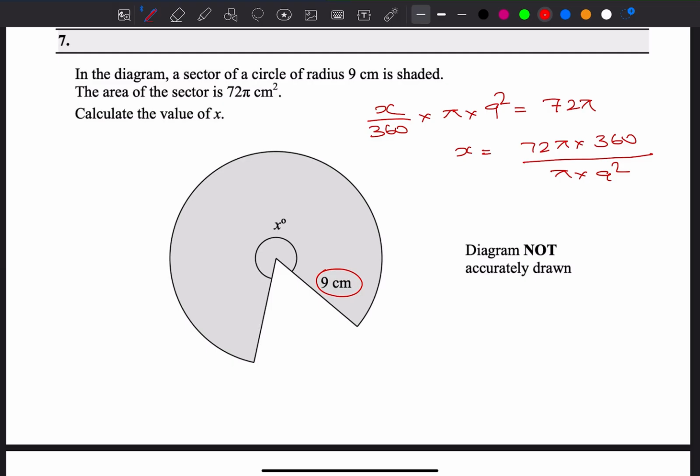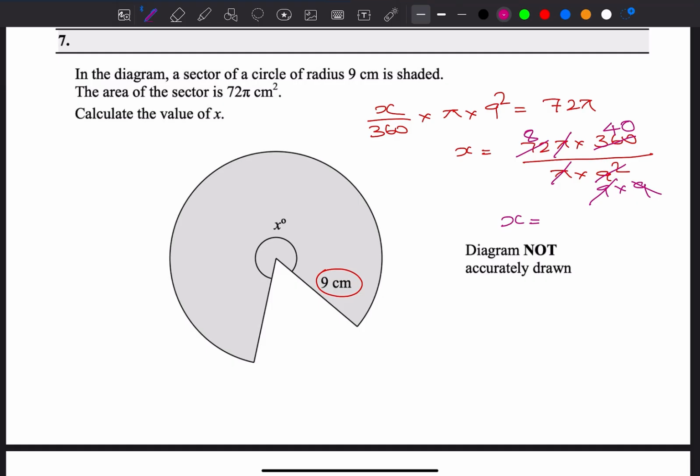X is what? 72 pi times by 360 over pi times 9 squared. So what we could do, 9 squared is basically 9 times 9. One of the 9s can divide the 72. 72 divided by 9, what's that? 8. This 9 can divide the 360, which makes it 40. Pi and pi can divide. X is equal to, on the bottom there's nothing. 8 times 40.